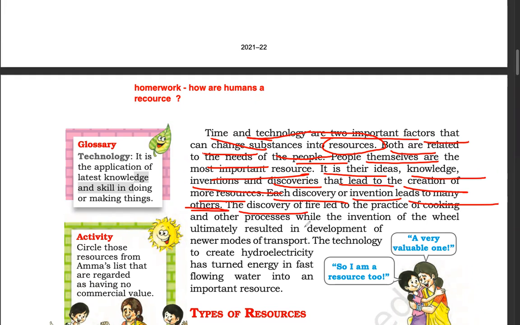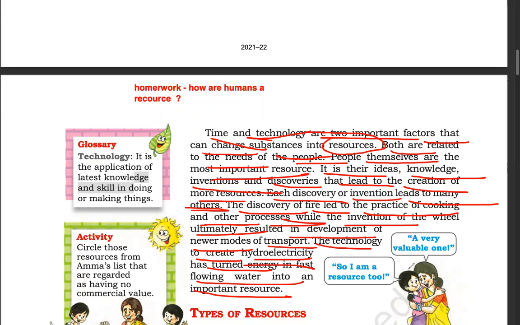The discovery of fire led to the practice of cooking, correct? And other processes, while the invention of the wheel ultimately resulted in the development of newer modes of transport. The technology to create hydroelectricity has turned energy in fast flowing water into an important resource, a very valuable one.